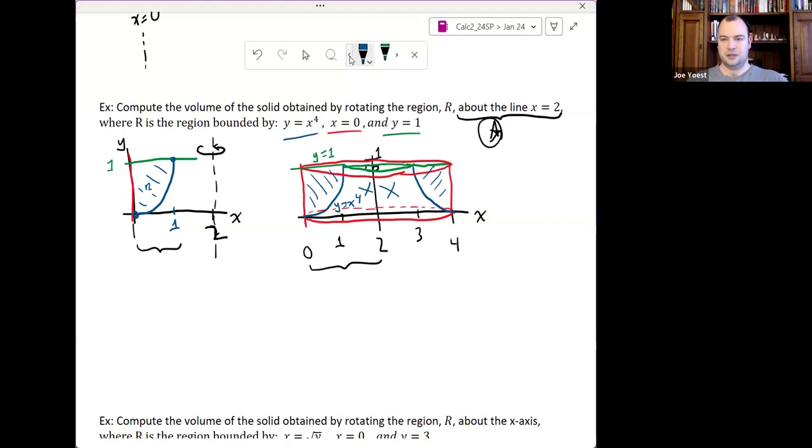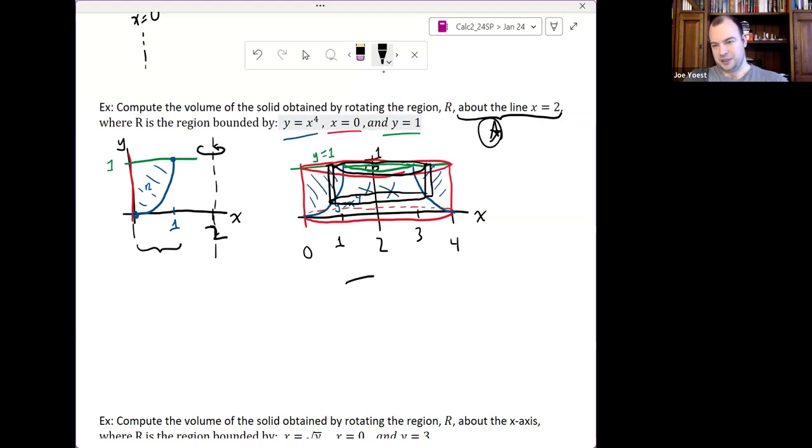So what does a shell look like? Maybe I'll switch to black for the shells. A shell might look like this. I'm being a little less careful about drawing my shells and making them kind of pretty, but this is more just an illustration now.